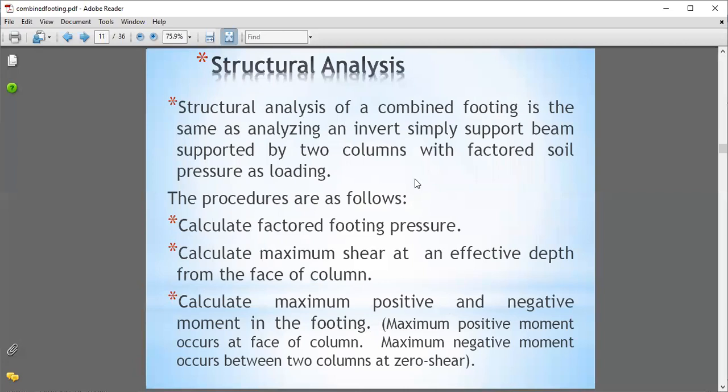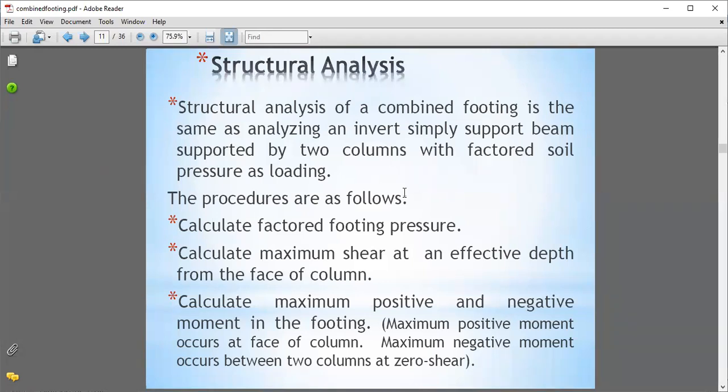Next one is the structural analysis. In that structural analysis, we have to go for the maximum shear and effective depth for the face-to-face column, and for that we have to check the shear force and bending moment coming on the structures. Which type of footing is there? Based on this footing, what is the pressure, that is the SBC of soil.